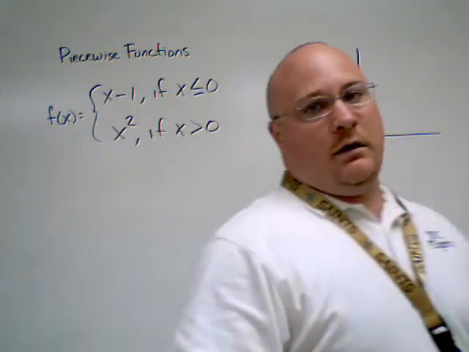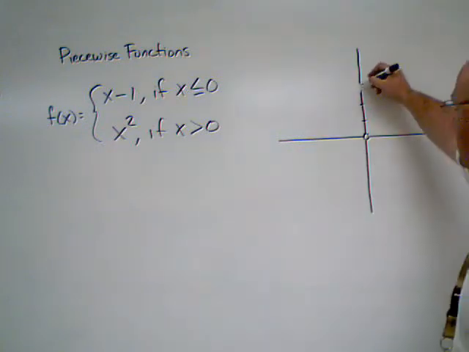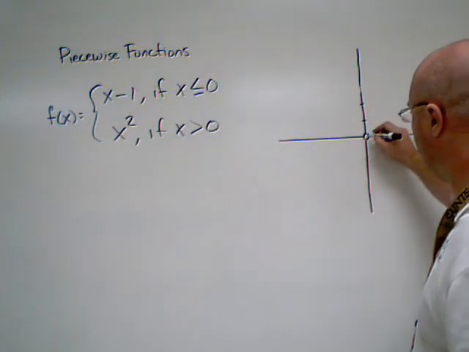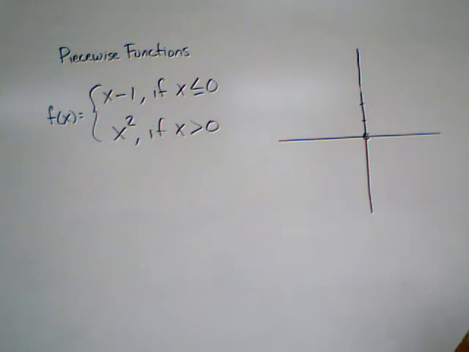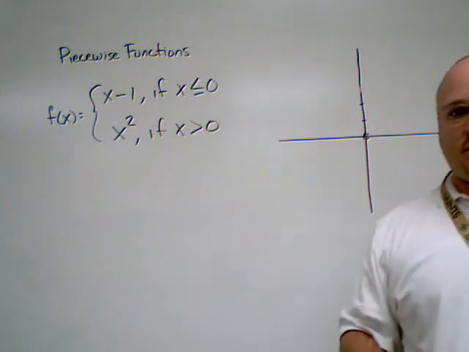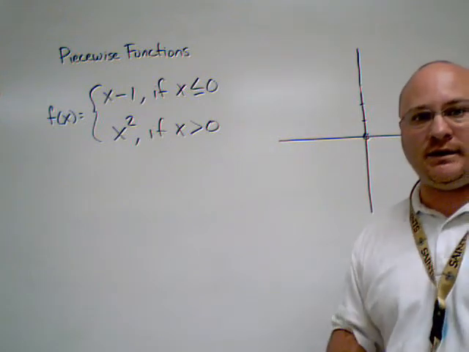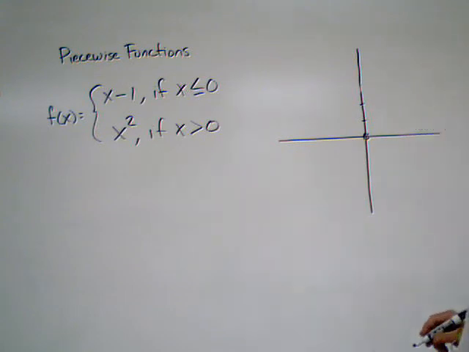So let me clean up my axes a little bit. That's not too bad. Alright, so the first piece: f of x is x minus 1 if x is less than or equal to 0.